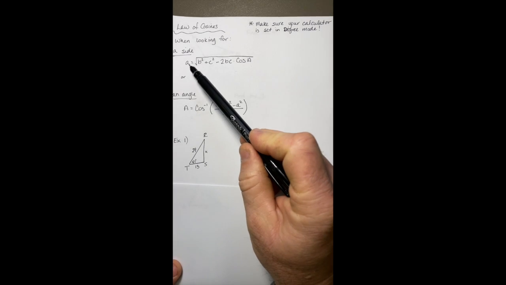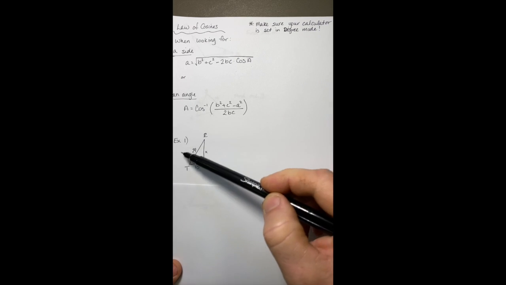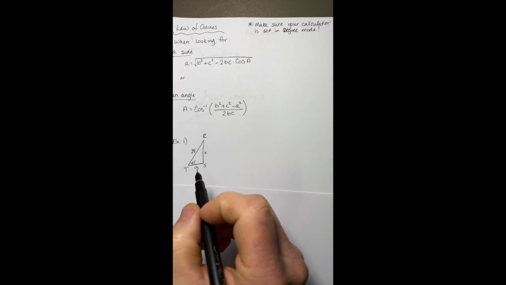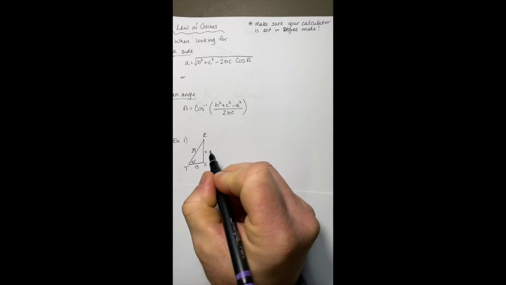However, it's solved for a, and I don't have an a anywhere in here. So what that means is I need to create an a. If this is my side a, then this is angle A.